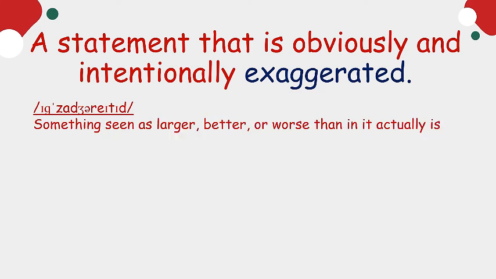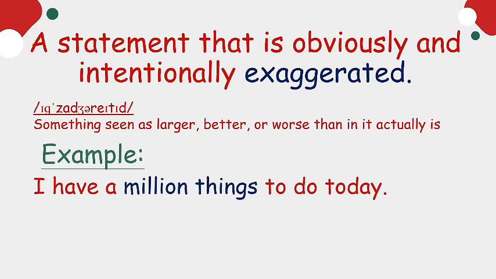So to exaggerate something simply means you're blowing it way out of proportion. Example: I have a million things to do today. We all know there's no way we can do a whole bunch of a million things in one day. But it's an exaggerated form of saying I have so much to do today.